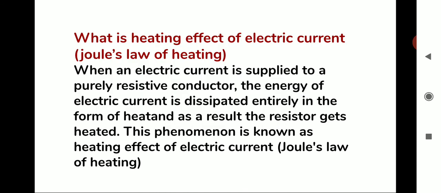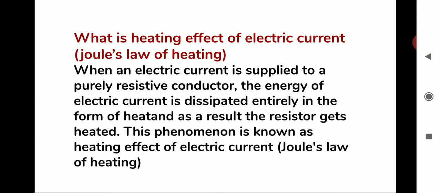So I'll read the answer now. What is heating effect of electric current? When an electric current is supplied to a purely resistive conductor, remember, purely resistive conductor means the circuit has high resistance, and the energy of the current is dissipated.